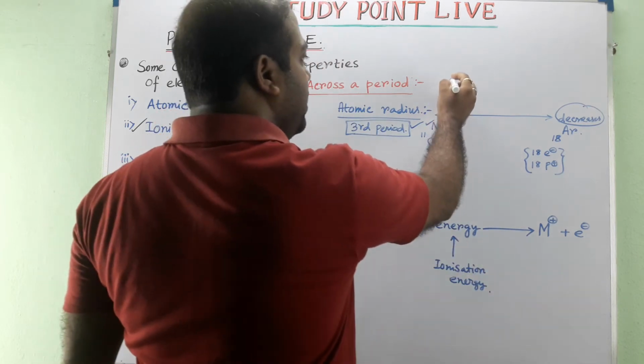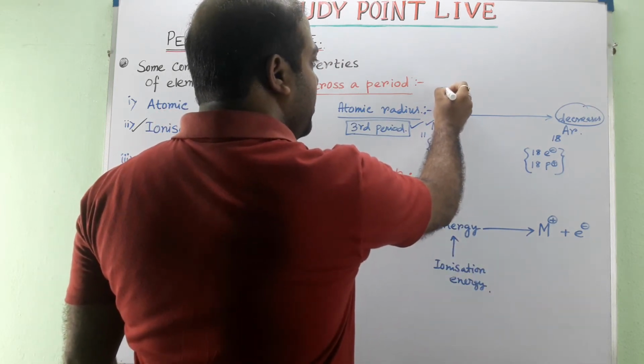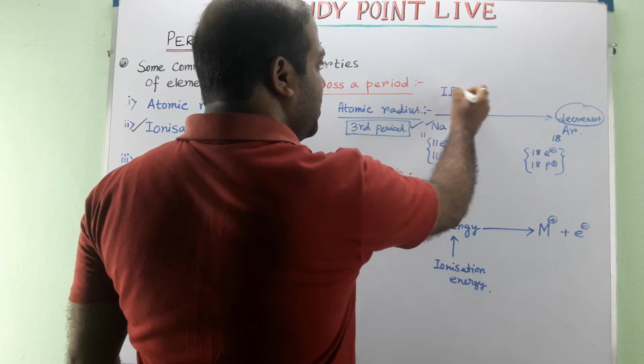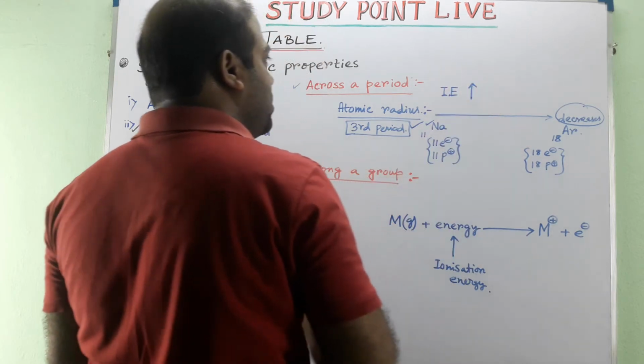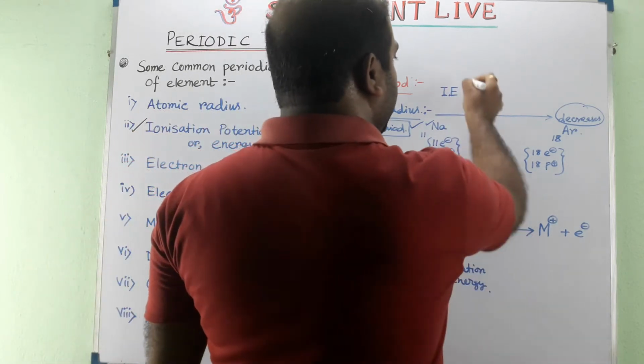So we can conclude that ionization energy increases across a period from left to right.